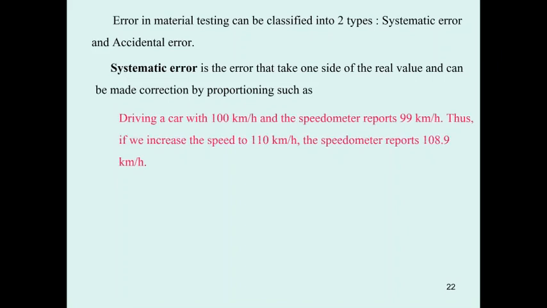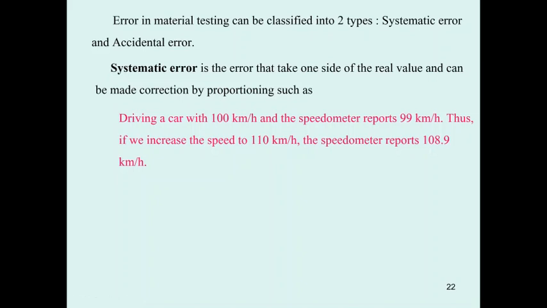Okay, this is an example. If you drive your car at 100 km per hour and the speedometer says 99 km per hour, then if you drive at 110, you may expect your speed to be like 108.9 km per hour. How do you get this? You just use proportion.